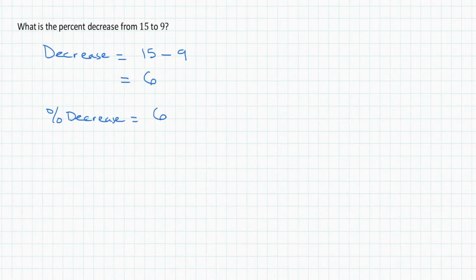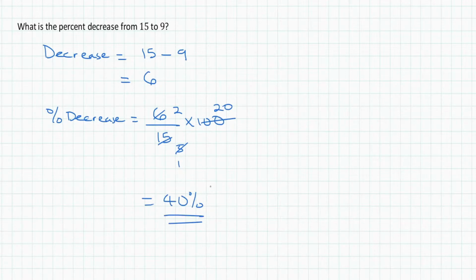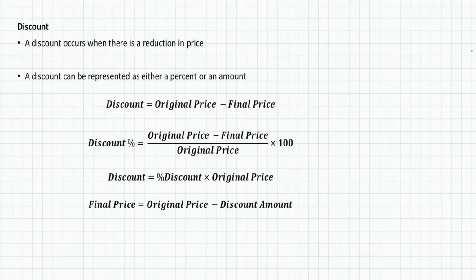So the decrease is 6, but our starting point is 15, and then we multiply by 100. I can go ahead here and divide both by 3, so I'll get 2 and 5. I can divide 5 by 5, 1, and 100 by 5, 20. And that's going to give me 40%. So this is a 40% decrease from 15 to 9.